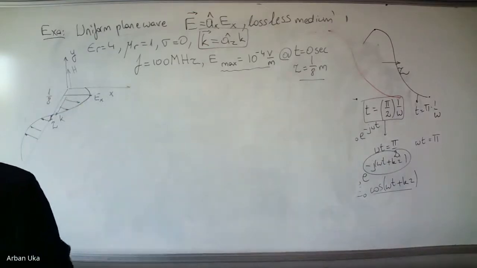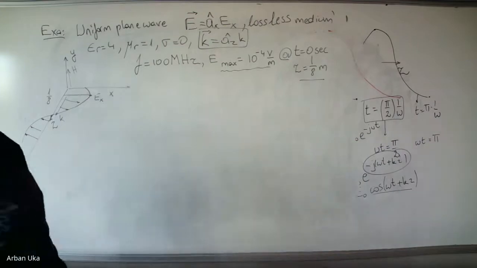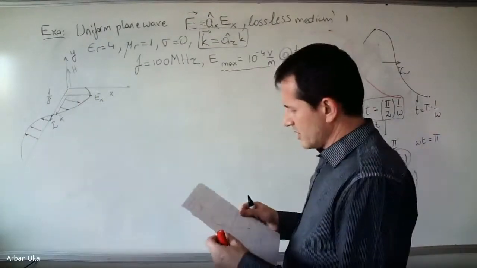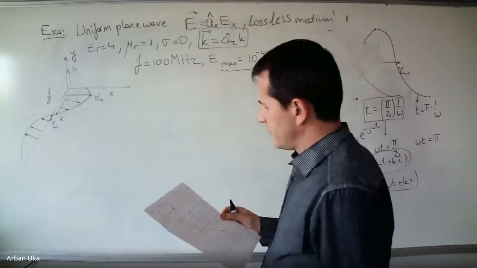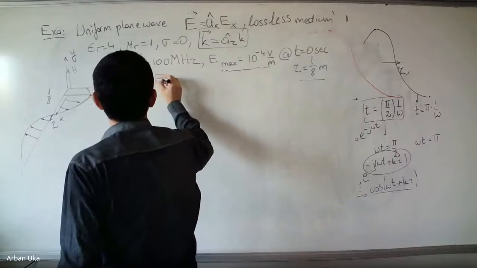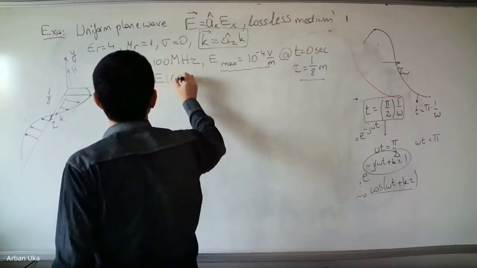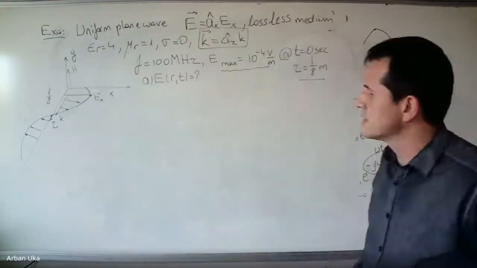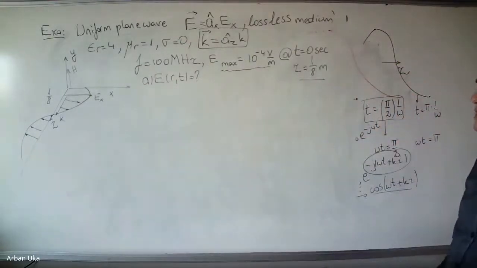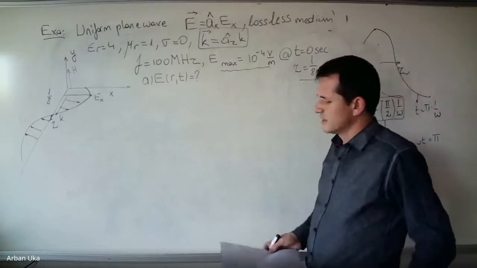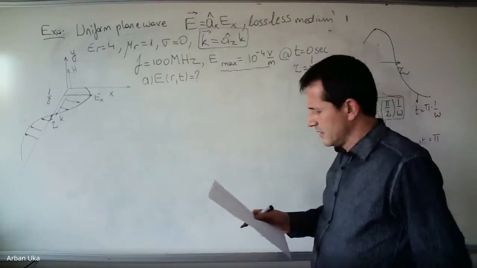So the maximum value we get like this, and the question is, let's write, find E. This means find the expression of the electric field as a function of distance and time at any instant.